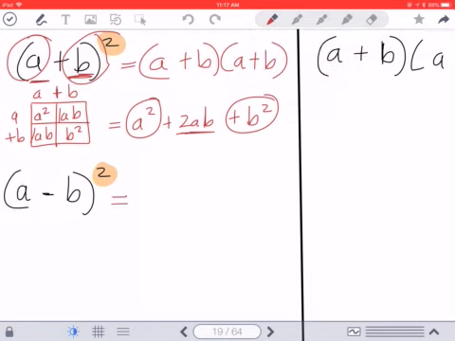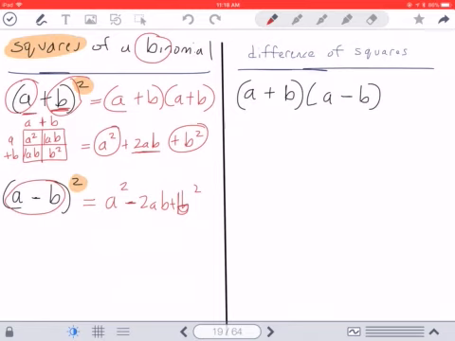If I took a shortcut here, I just square this first term. It's going to be a squared. I square this last term. It's going to be b squared. And then I multiply these two together. I get negative ab and double it. So that's negative 2ab plus b squared.